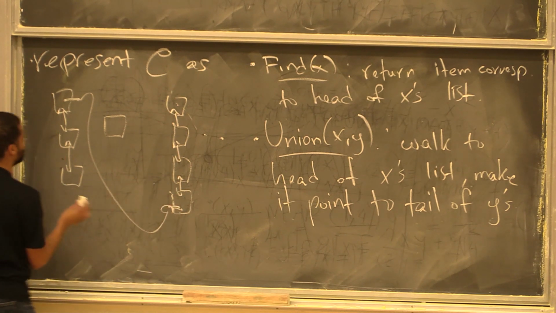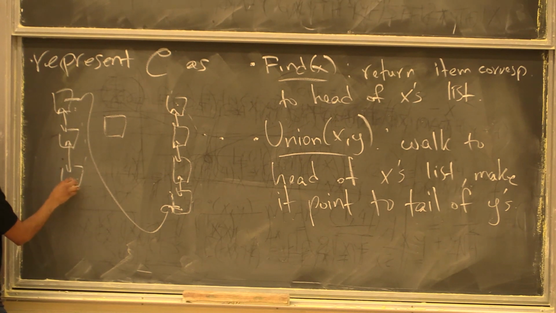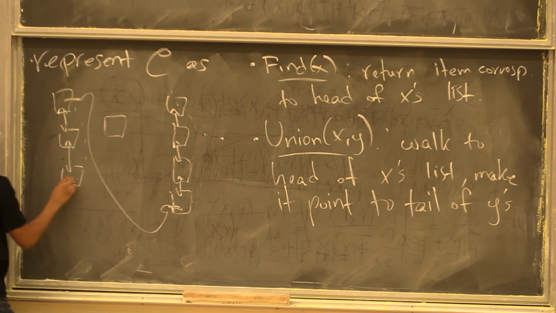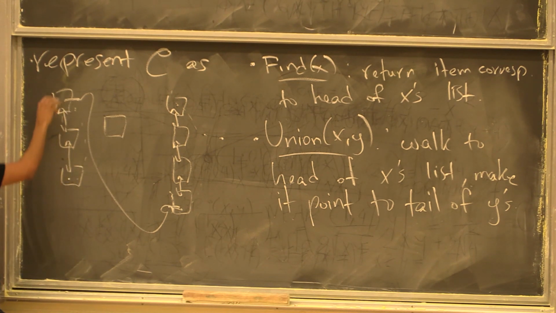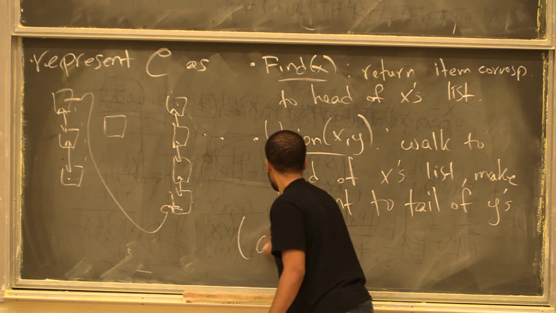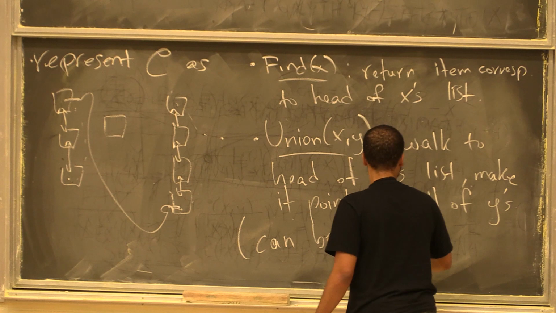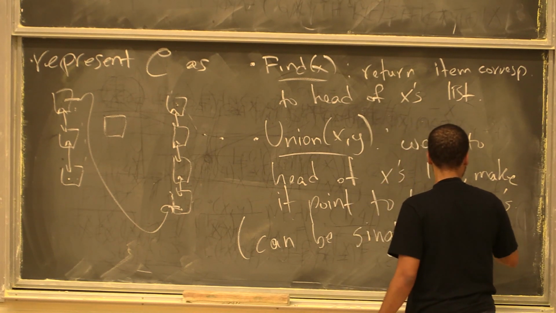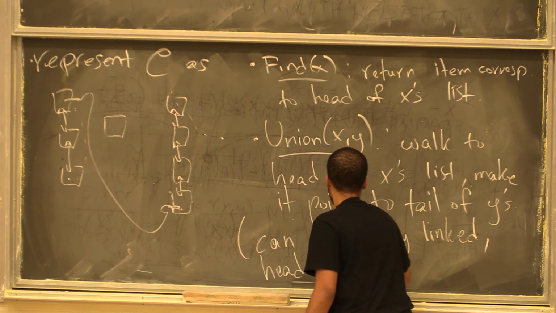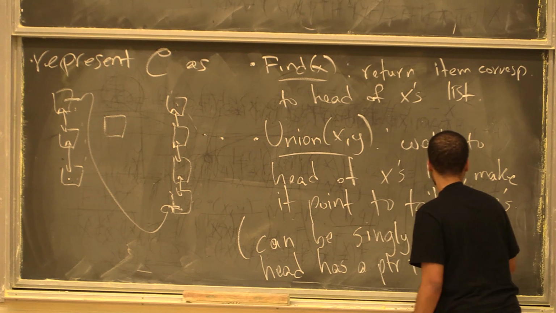So now I have the tail. Also X goes to the head, and this head knows who its tail is. Now that I did the union, I can update its tail to be this, because I know it from the other one. Okay? So it can even be singly linked, where the head has a pointer to its list's tail.